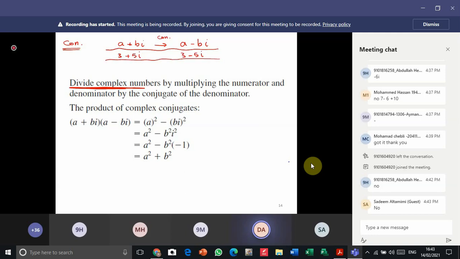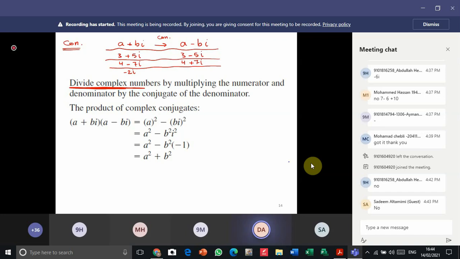Another example, 4 minus 7i, the conjugate is 4 plus 7i. Another example, minus 2i, without a real part, the real part equals 0.